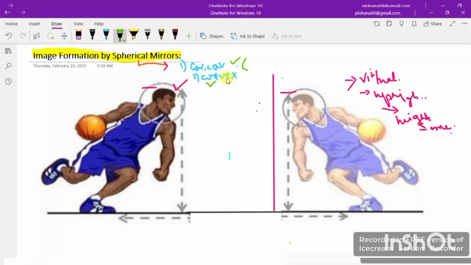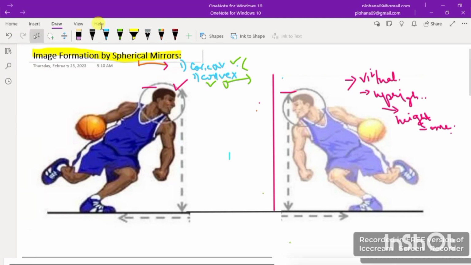It is a mirror in which the reflective surface bulges towards the light source. For example, if light is coming from here, this is the luminous object which is producing light, right? So this will get a bulge here. That is a convex mirror, right?